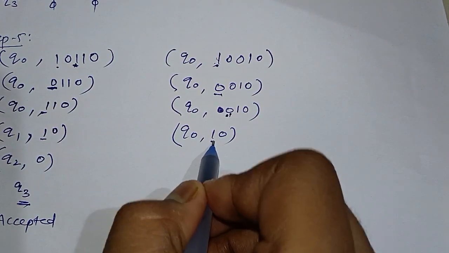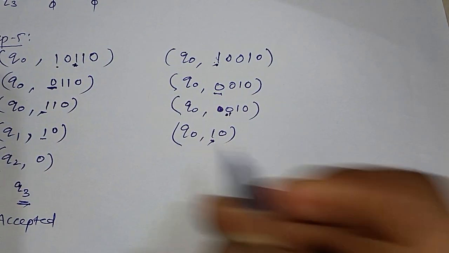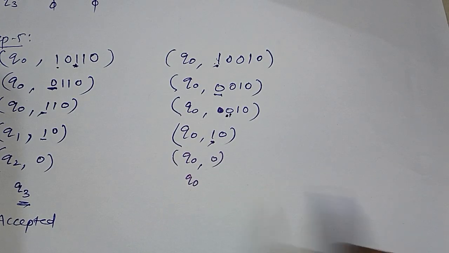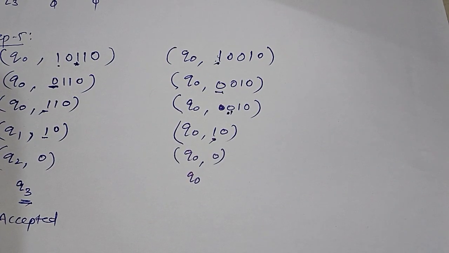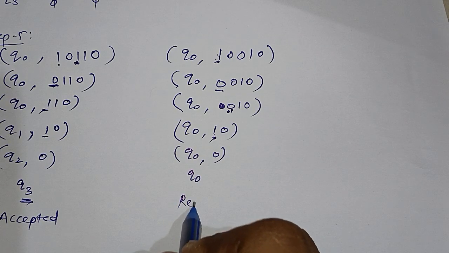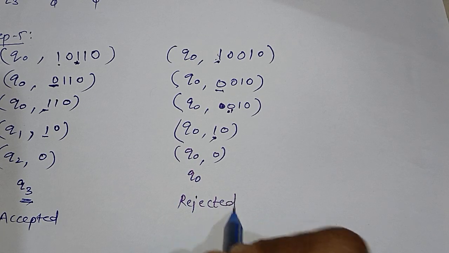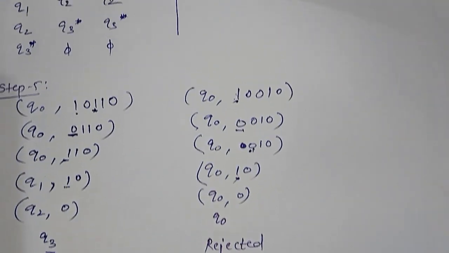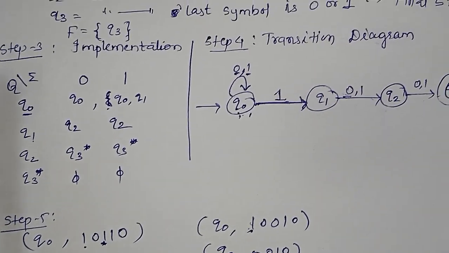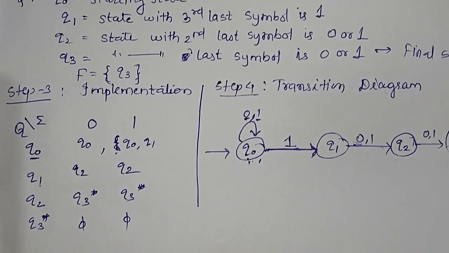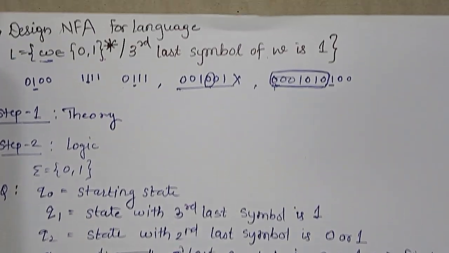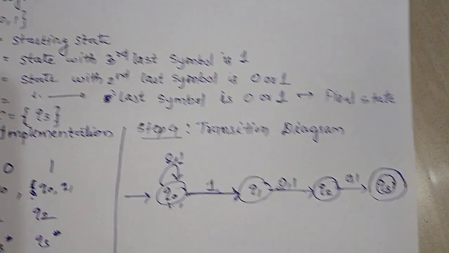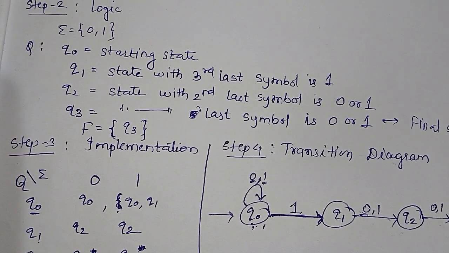Since this is not the third last symbol, it is the second last symbol, it stays in the same Q0. That's why, since Q0 is not a final state, it is rejected. In this way we can solve an example of NFA. This is our transition diagram. Thank you.